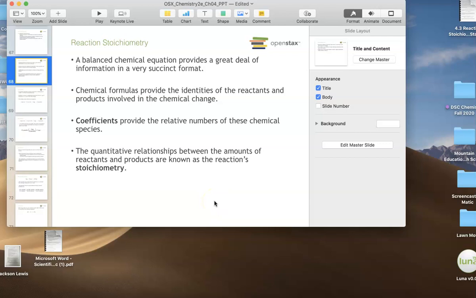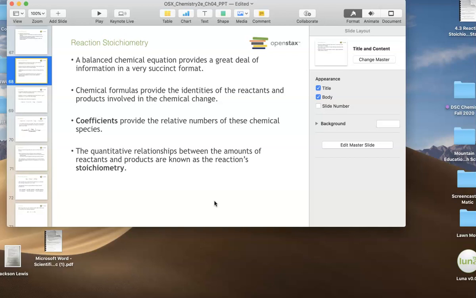So with stoichiometry, first you need to start out with a balanced chemical equation. We learned how to do that earlier in the chapter. A chemical reaction provides chemical formulas with identities of reactants and products involved in a chemical change.